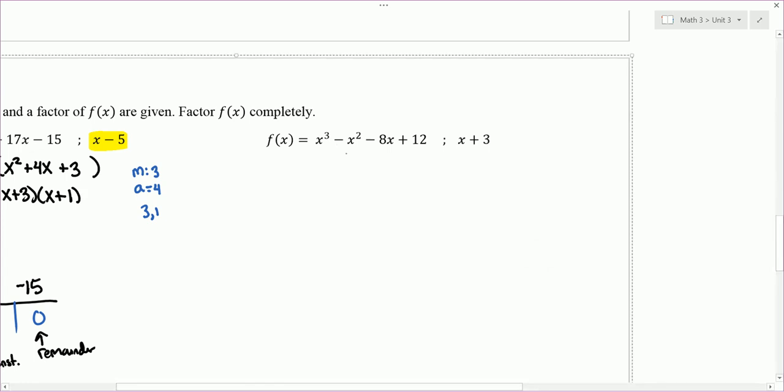So here on this next one, they're telling us that x plus 3 is a factor. And so we got to find out what x plus 3 times what gives us the original problem. Set up a synthetic division table. We got 1x to the third, right? We have a negative 1x squared. We have a negative 8x and a positive 12.